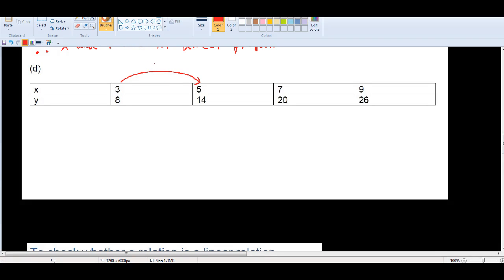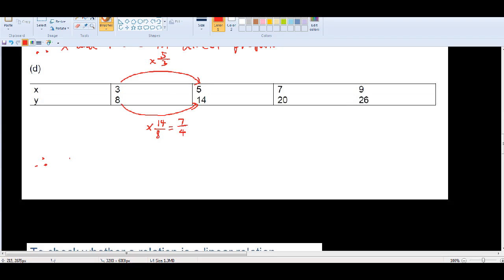Okay, 3 to 5, that's times 5 over 3. 8 to 14 times 14 over 8. But 14 over 8, when you simplify it, it's 7 over 4. So 5 over 3 is not 7 over 4.